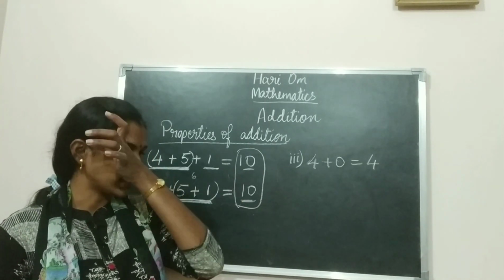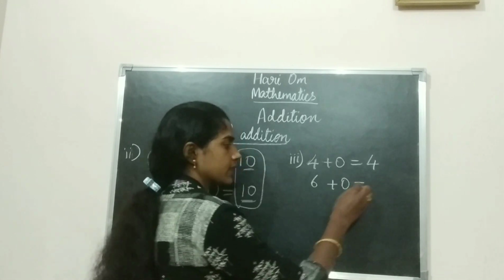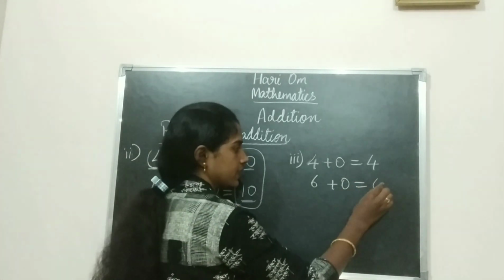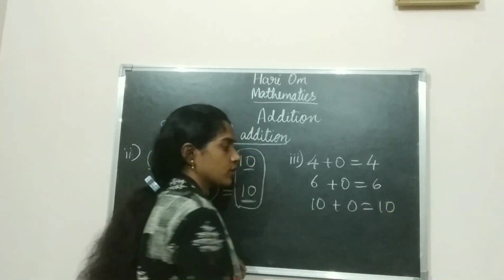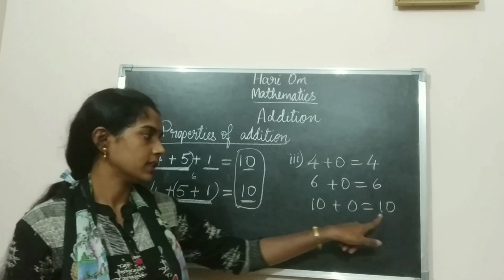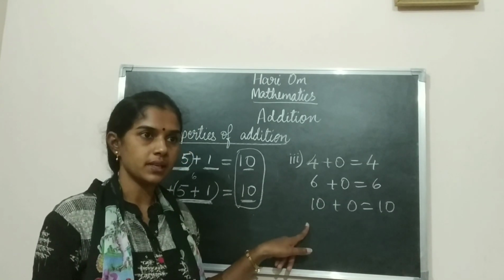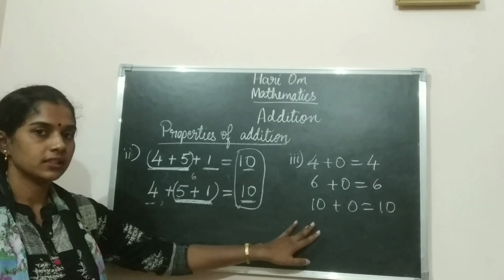Let me take some other examples. What is 6 plus 0? 6 plus 0 is 6. What is 10 plus 0? 10 plus 0 is 10. So have you understood this? If we add 0 to any number, the sum is the number itself. Understood, children? So this is the third property.